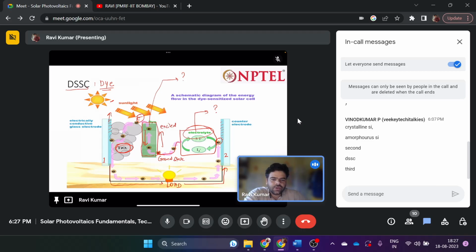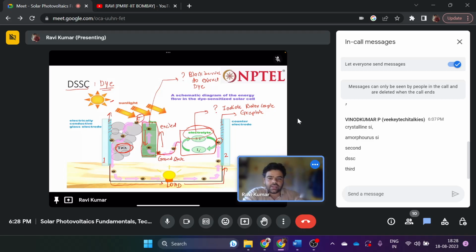From the video you can see it is very simple to make a DSSC solar cell, and they use blackberries to extract dye, and they use iodide redox couple for the electrolyte, and for the metal conductor they use graphite from the pencil.